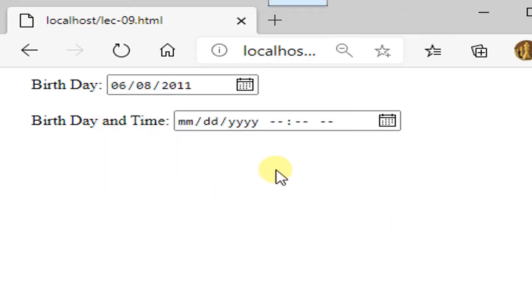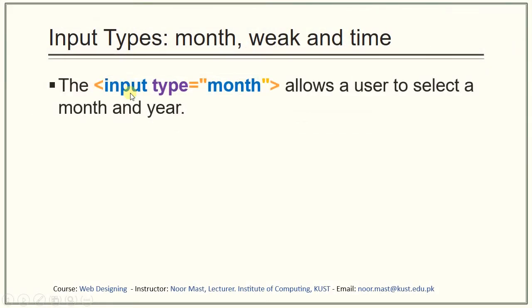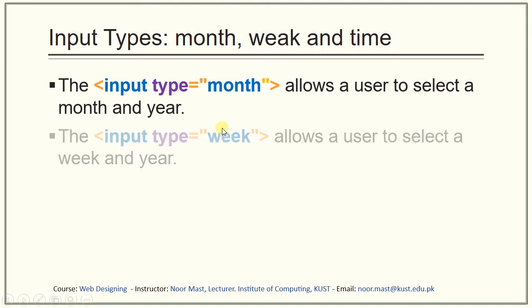Now let's study the other controls. The input control is also used to allow a user to select a month and year from a drop-down calendar. In such a case, the value of the type attribute must be month. Similarly, if the value of the type attribute is week, then it is used to select week and year.